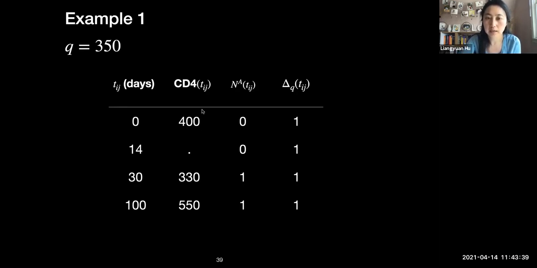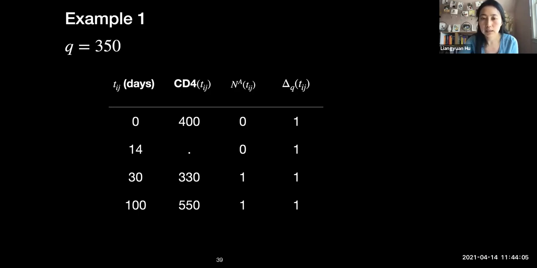A person came in and had an initial measurement of 400, which is above the threshold of 350 of our interest. The rule says not to treat, and the person was not treated, so compliant at this point. At the next visit, there was no new observation for CD4. The rule said not to treat, the person was not treated, still compliant.